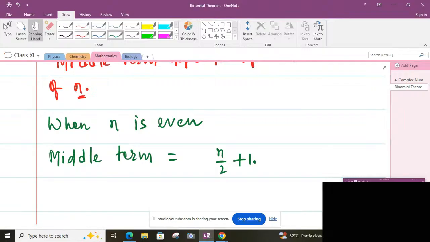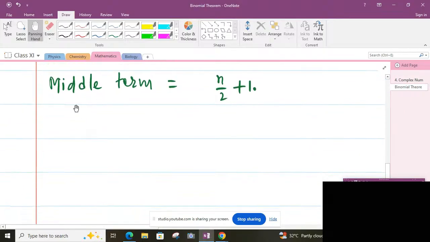For this we take an example. Suppose (a plus b) to the power 2. So 2 is even. In the expansion of (a plus b) to the power 2, we have 3 terms.